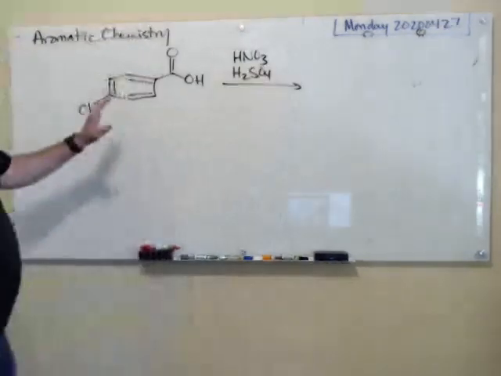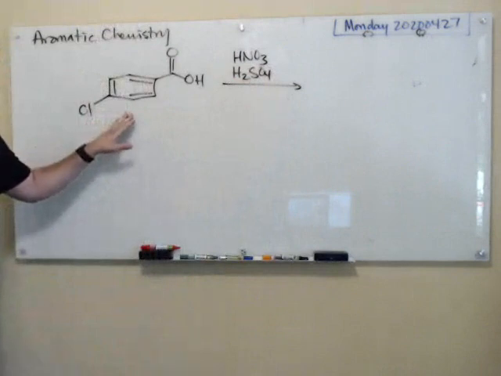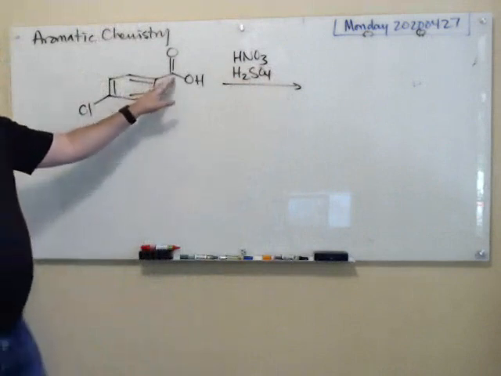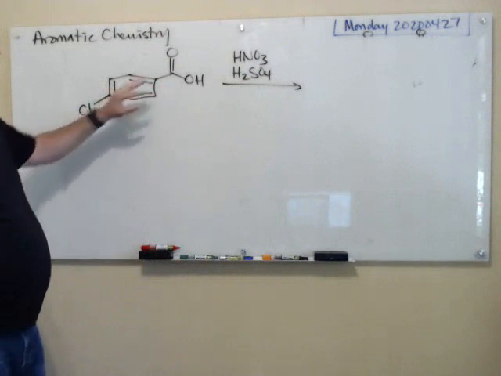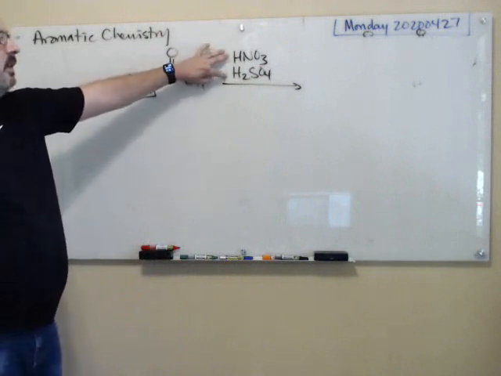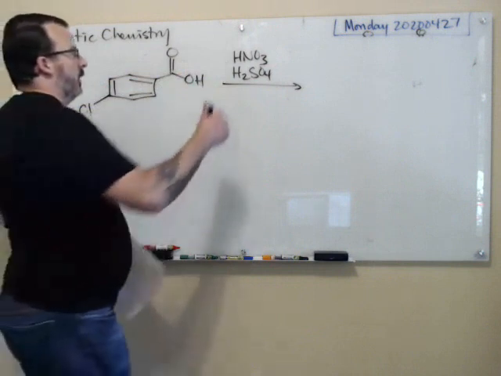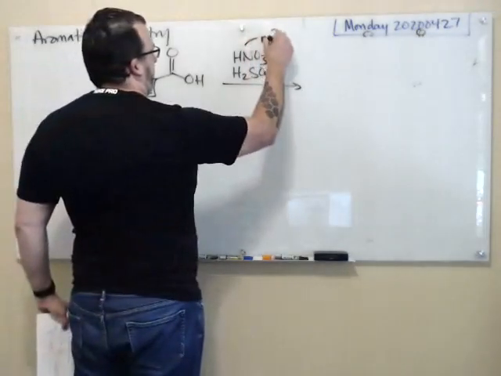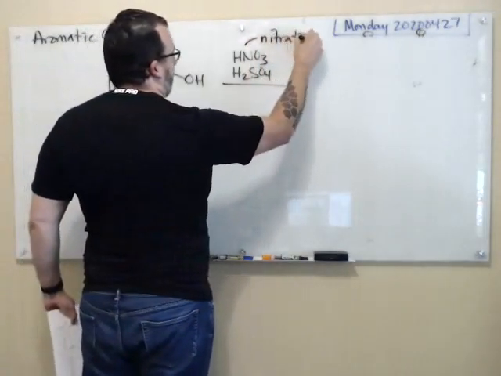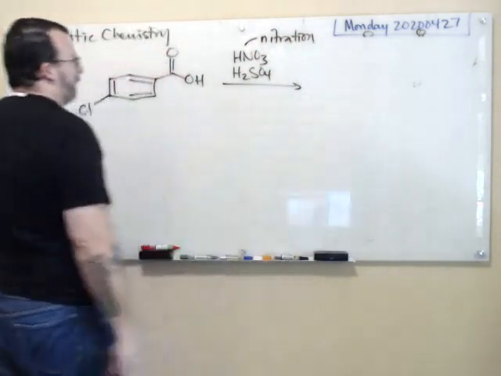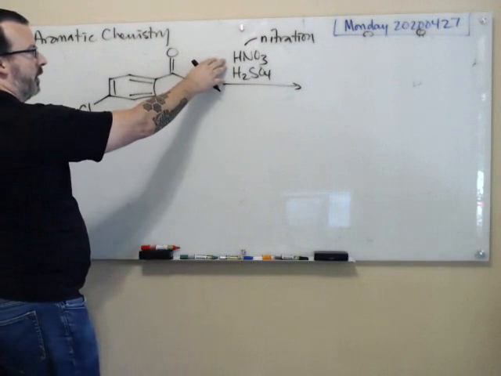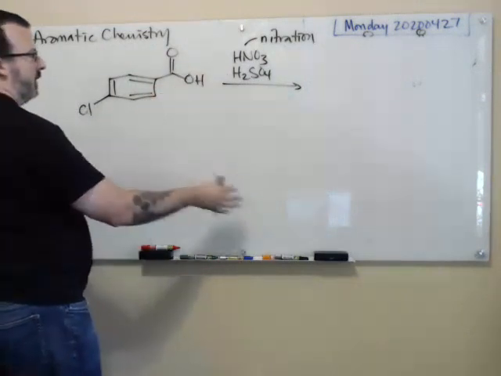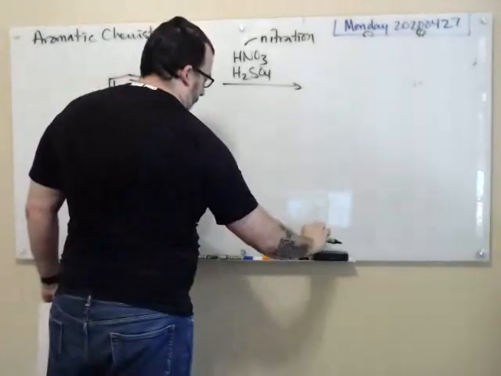Now we're starting with a di-substituted benzene. We have an acid functionality and a halogen functionality. We're treating it with nitric acid and sulfuric acid, so this is going to be nitration again. We need to predict how these substituents direct this nitration as we go from di-substituted to tri-substituted.